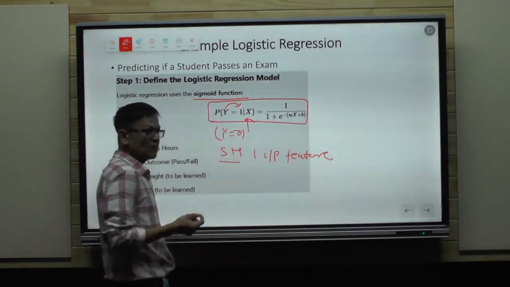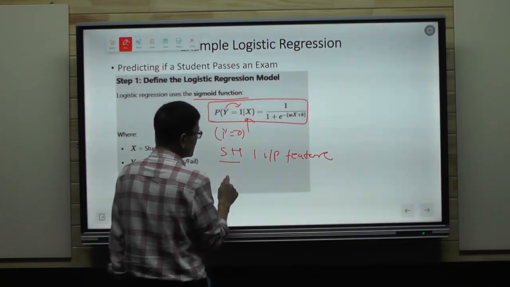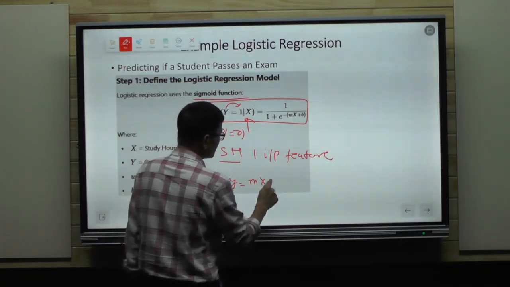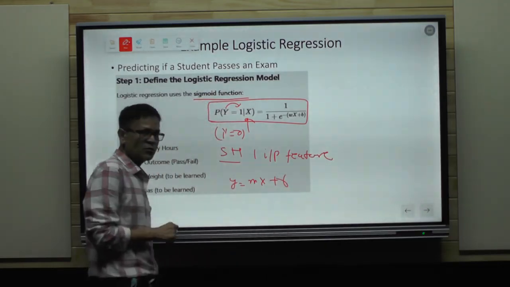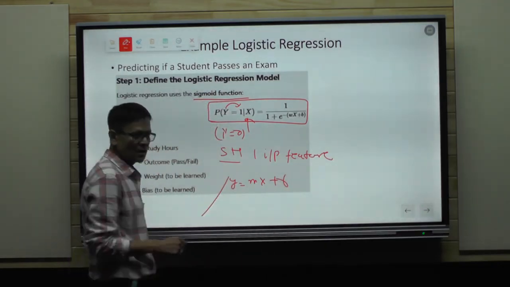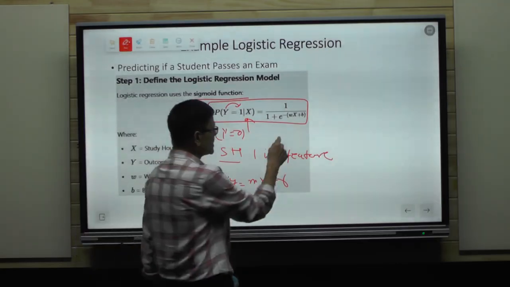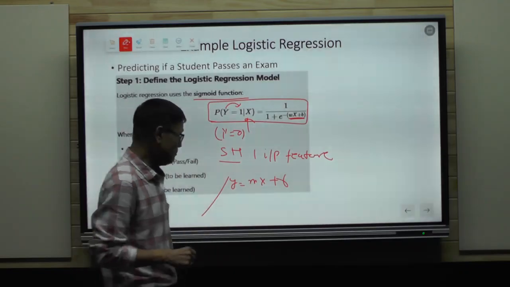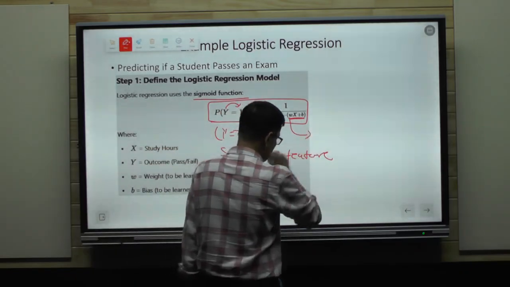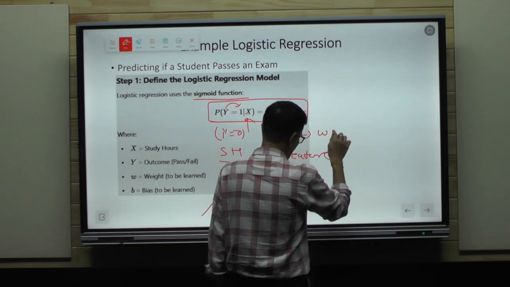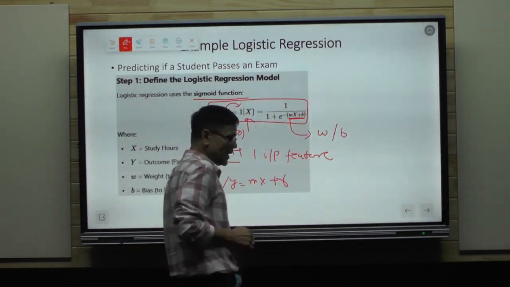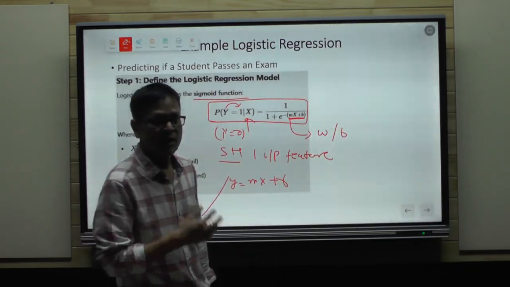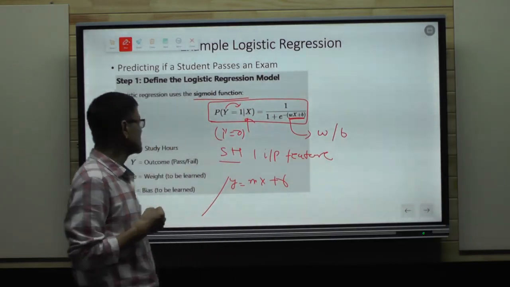If you simplify, the equation of a line is y equals mx plus b, because we need a line, so that equation is inserted over here. Now our task is to train this logistic regression and find the values of w and b that best predict the behavior given in the data set.